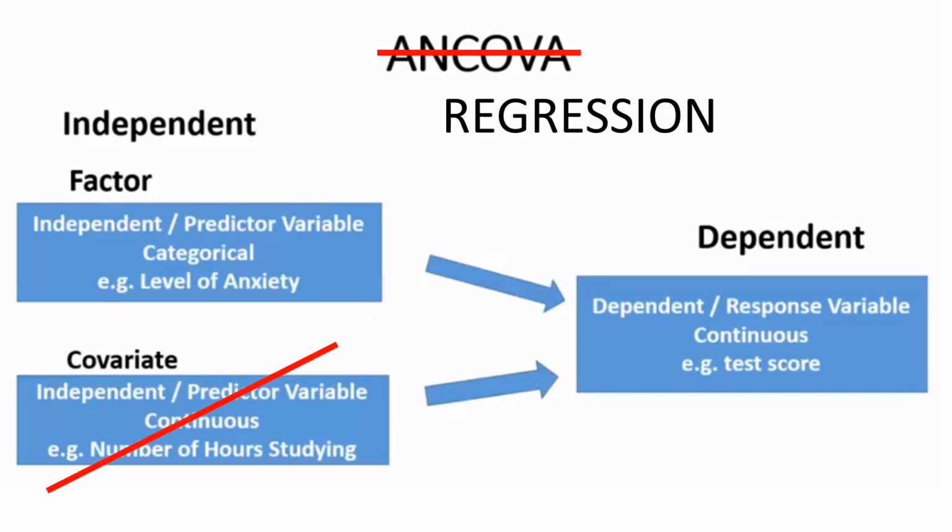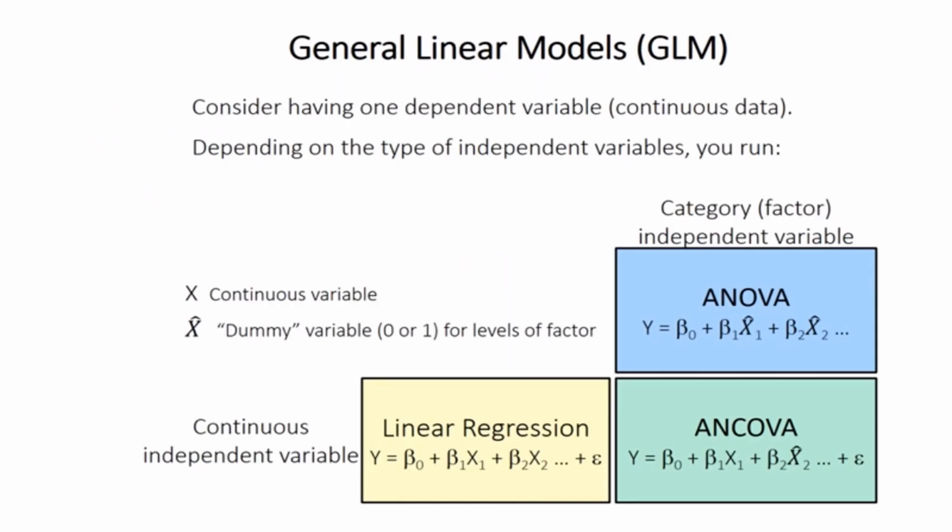And if you delete this covariate, then it is a regression. Now it is a GLM, or general linear model. We use the lm function in R for all three.